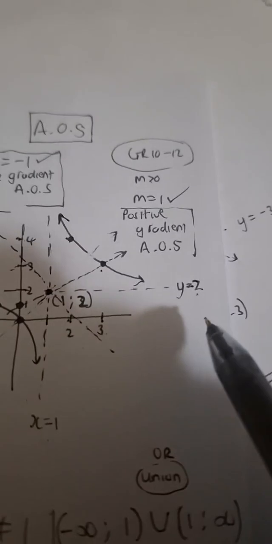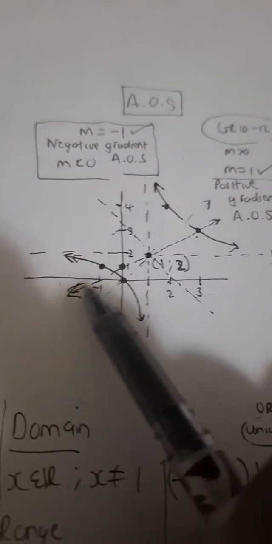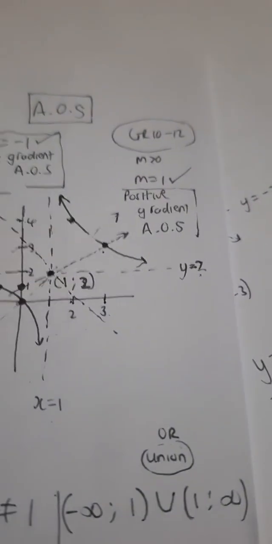Not positive 2, never positive 3, but only one natural number, which is 1. And that 1 is positive. So our gradient is positive 1 for all axes of symmetry that have a positive gradient within the context of the syllabus that we are doing.